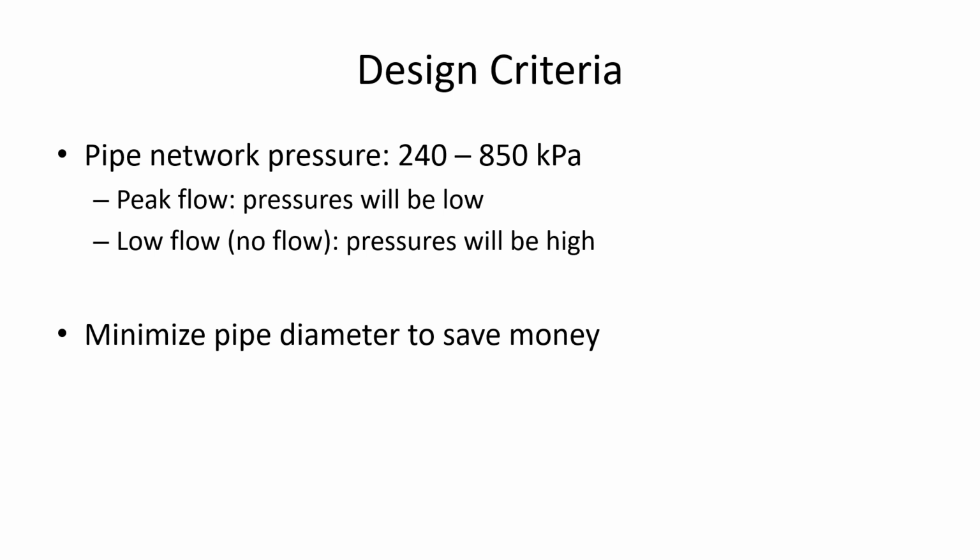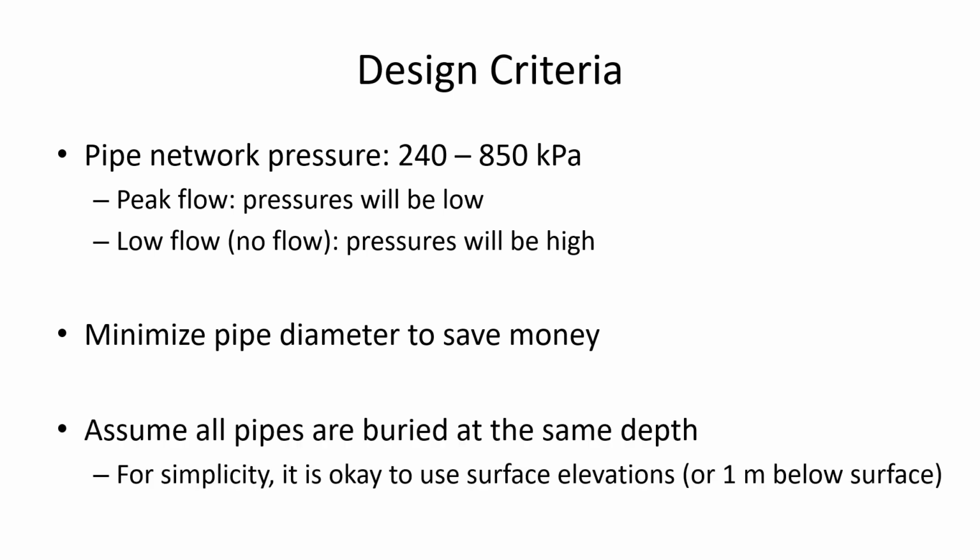The simplest design is to make every pipe really, really big, but that's expensive and unnecessary because it's possible to meet these criteria with pipes that are much smaller than the maximum available for commercial purchase.